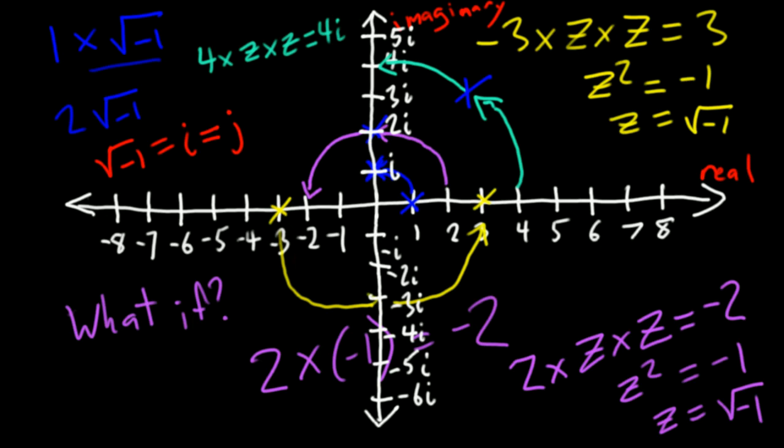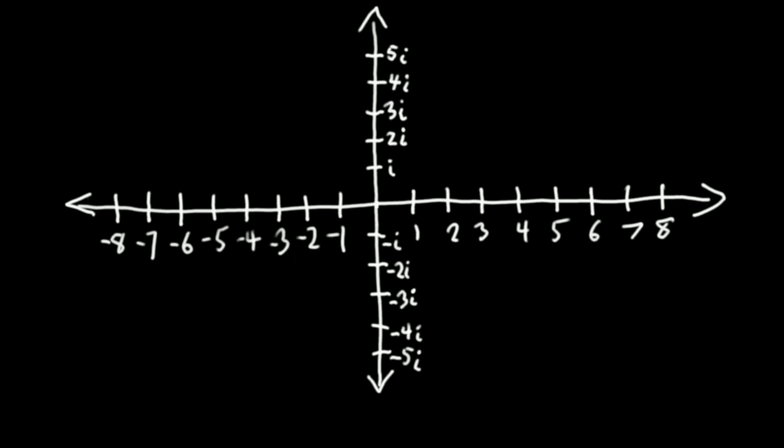If it's on the real axis, then we also call it a real number, and it has a 0 imaginary component. If it's on the imaginary axis, then we call that an imaginary number and it has a 0 real component. But all of these numbers, anywhere in the whole plane, including on this axis, is something that we call a complex number.